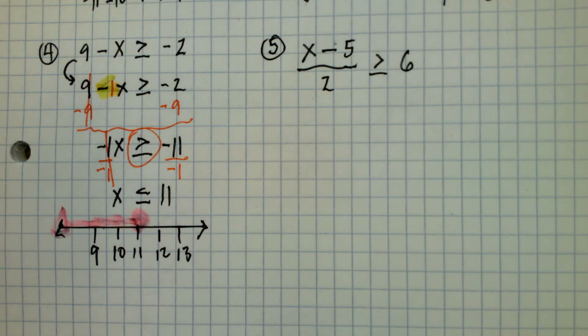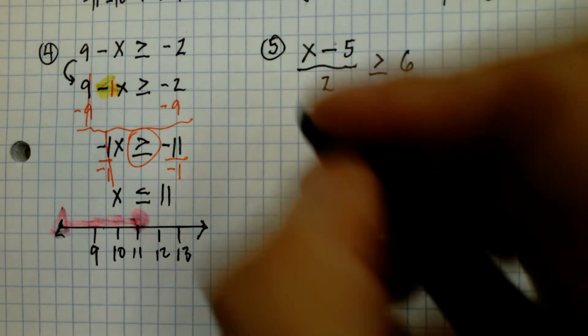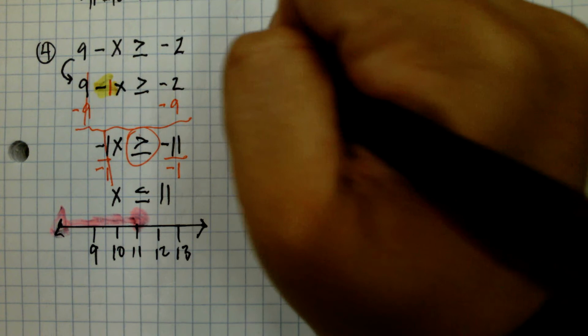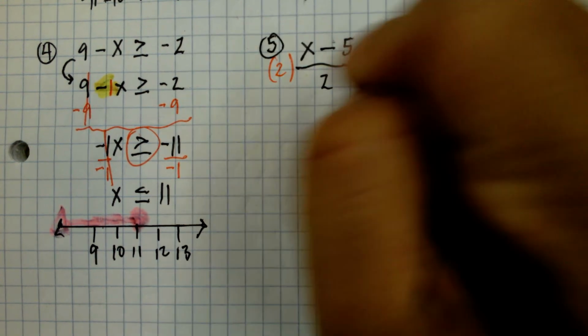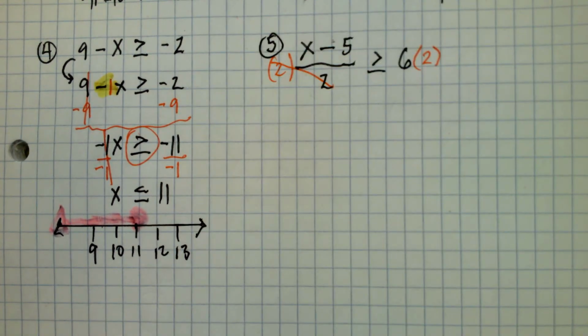So I want to get rid of all of this stuff and just have x. But x minus 5, all of it's being divided by 2. So I got to get rid of that 2 in the denominator. And it's being divided. So what's the opposite of dividing by 2? Multiplying by 2. So we're going to multiply by 2 on both sides. That's going to get rid of this dividing by 2. So it's a little reverse of what we're normally doing. But that's going to get rid of this 2 down here.